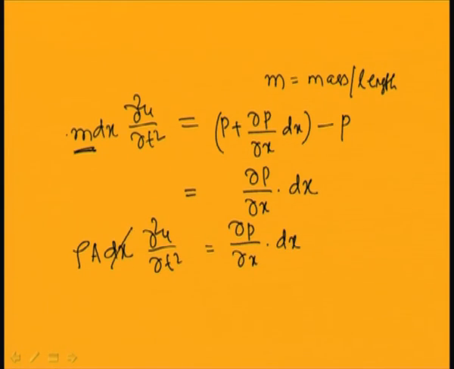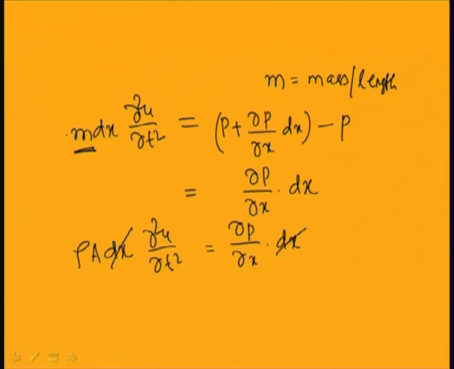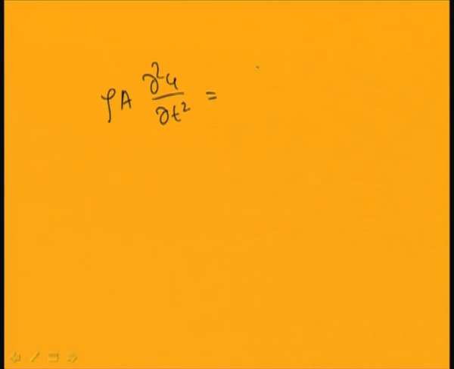I can cancel this dx from both sides, so the equation is reduced to rho A del square u by del t square equal to del P by del x.